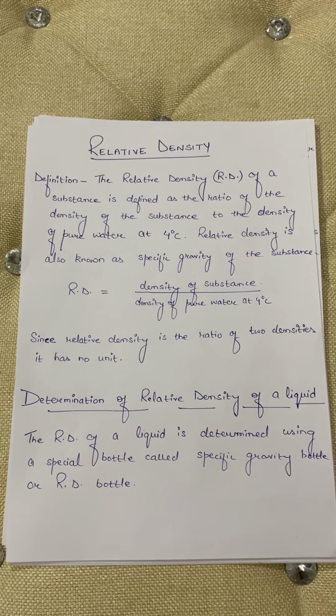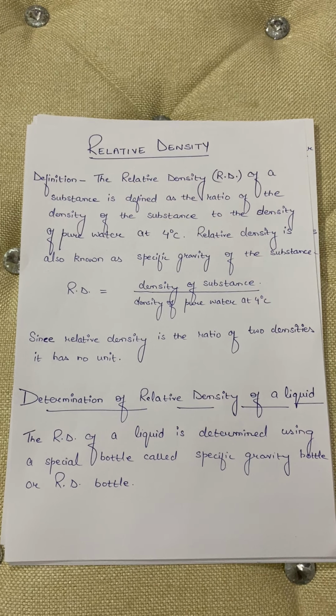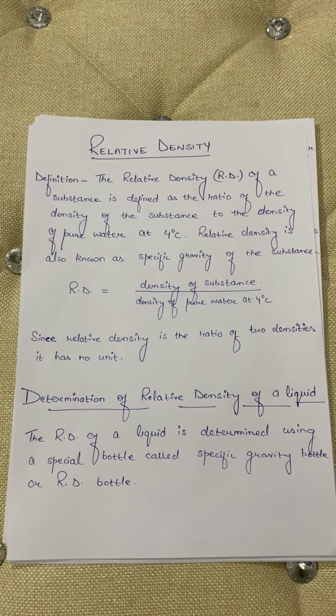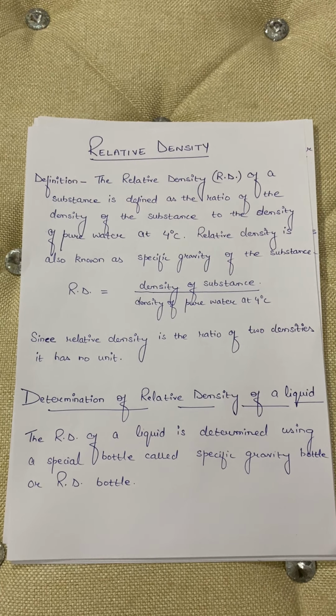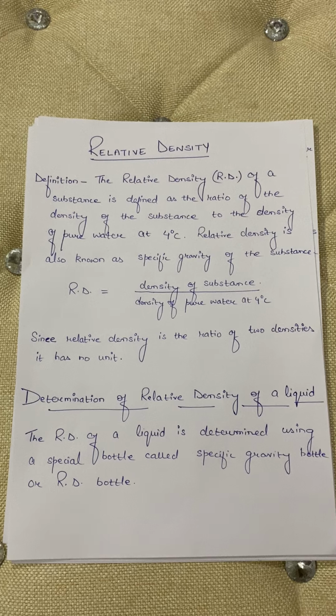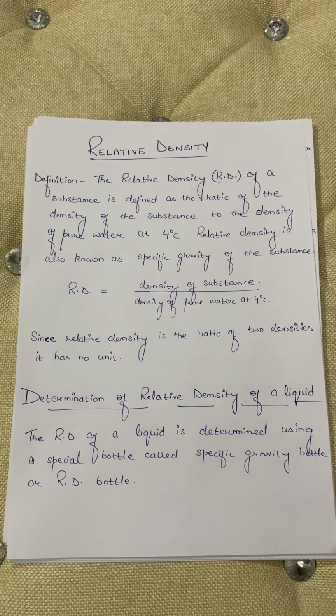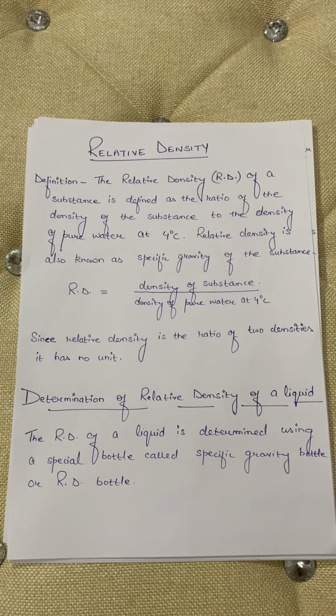The definition is: the relative density of a substance is defined as the ratio of the density of the substance to the density of pure water at 4 degrees Celsius. And relative density is also known as specific gravity of the substance.